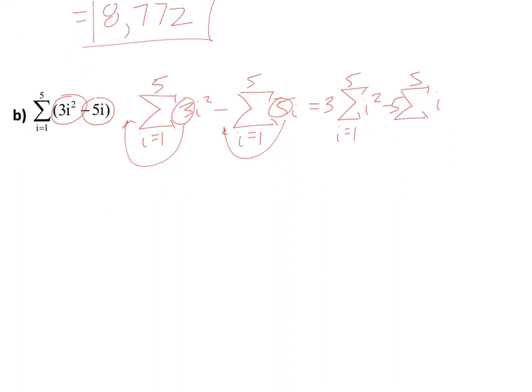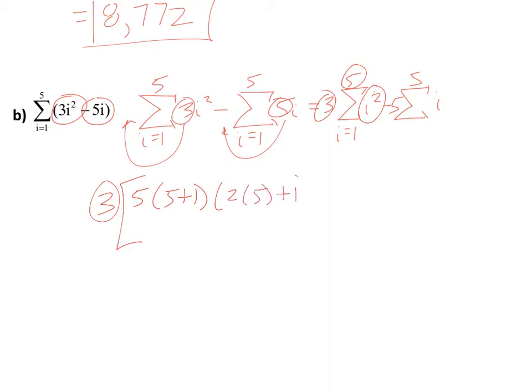Okay, now applying the formulas, I'm going to have 3, I'm going to use brackets here. All right, that's the 3 that I have in front here. I'm not doing anything with that. Now I apply the formula for i squared. My n is 5, so I have 5 times 5 plus 1 times 2 times 5 plus 1 all over 6. All right, there's my brackets, minus 5, not doing anything with this here.